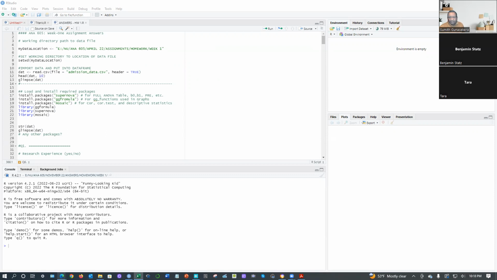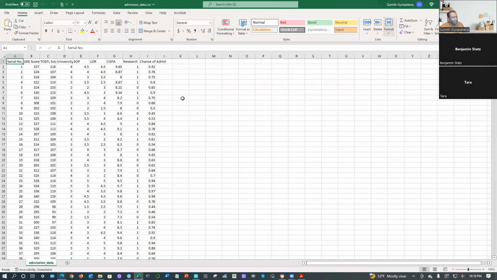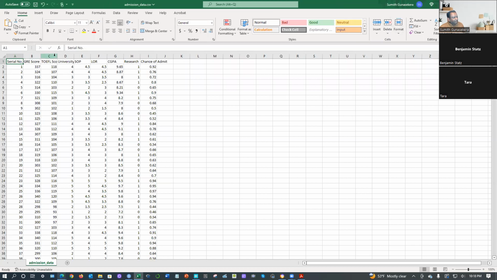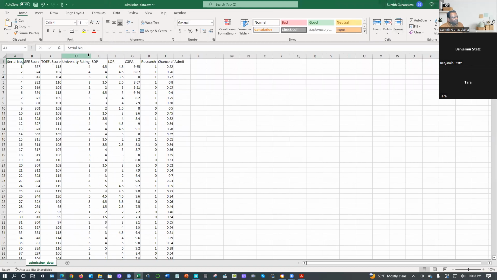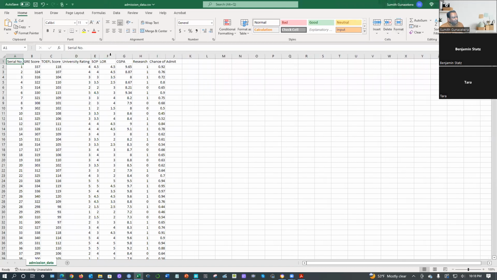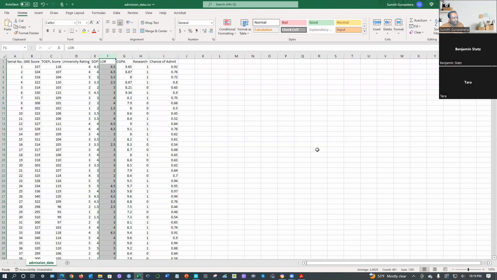See, this data variable you have seen already. This one, see, GRE score, TOEFL score. This one, okay, cumulative GPA, research, chance of admit, like that.